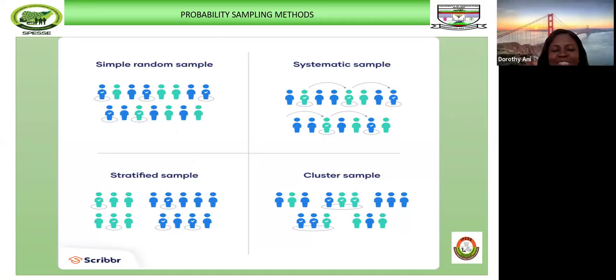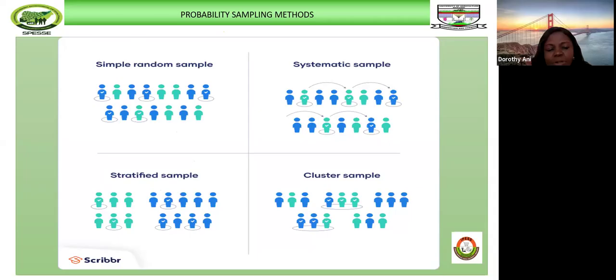But when you see the slide, you get it. It's not very difficult. One is probability, where everybody has an equal chance of being selected. The other one is non-probability, where you select based on convenience, availability, and anything that is easy for you.